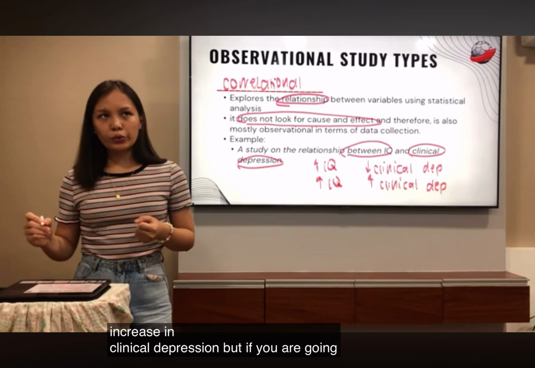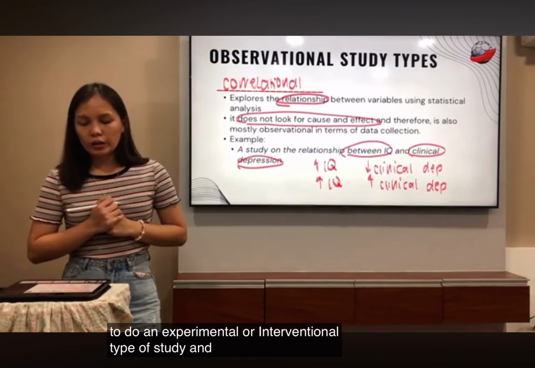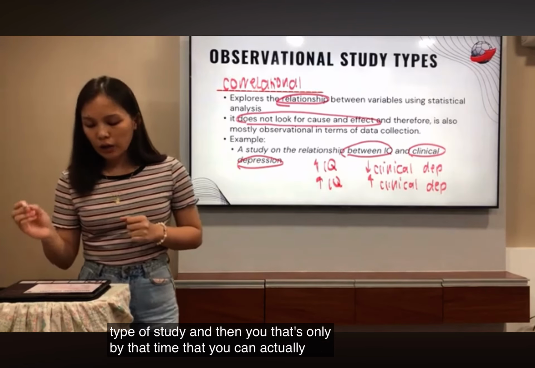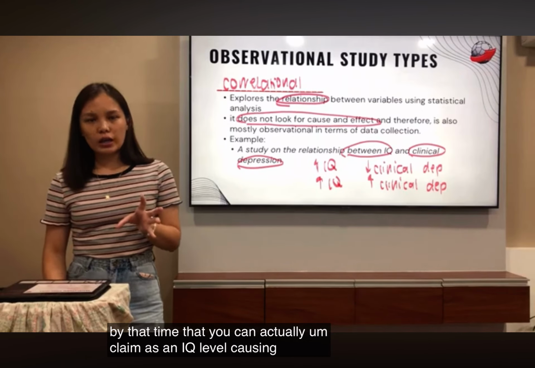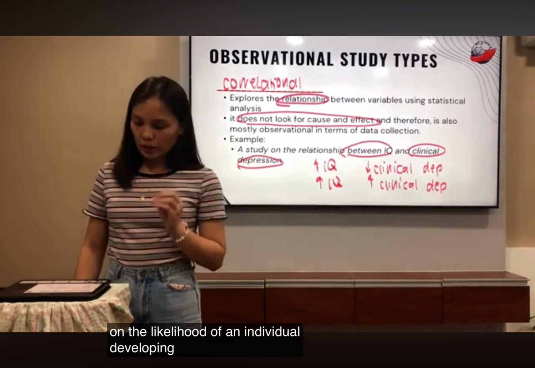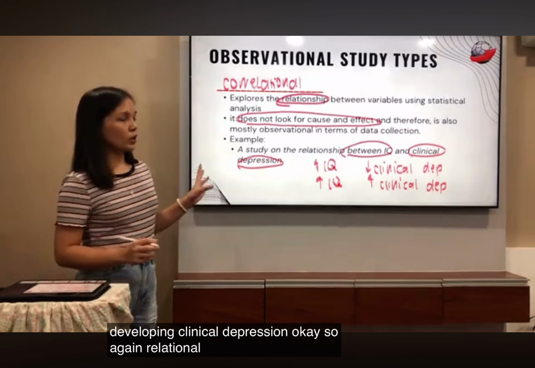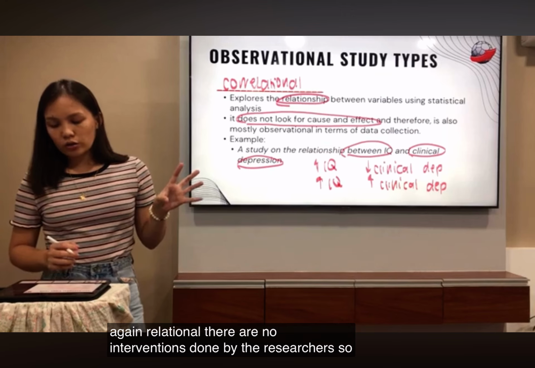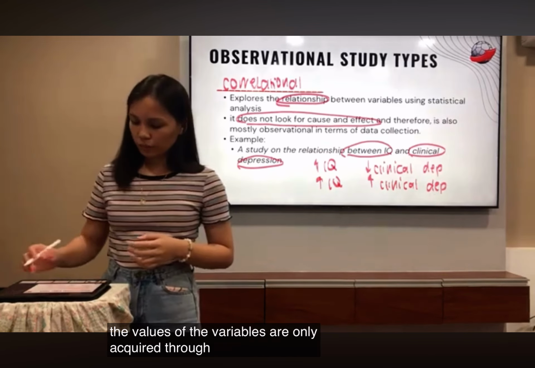But if you are going to do an experimental or interventional type of study, only then can you claim that an IQ level causes an effect on the likelihood of an individual developing clinical depression. Okay, so again, in correlational, there are no interventions done by the researchers, so the values of the variables are only acquired through observation.